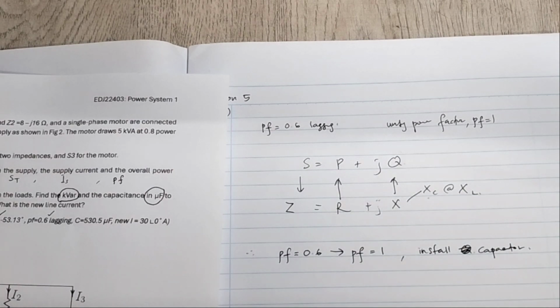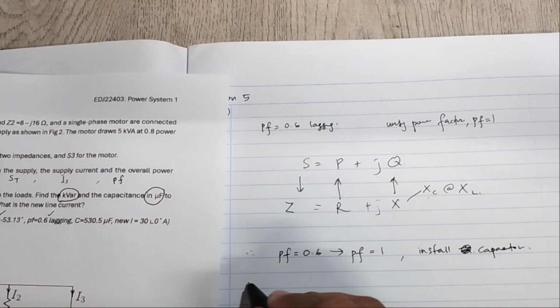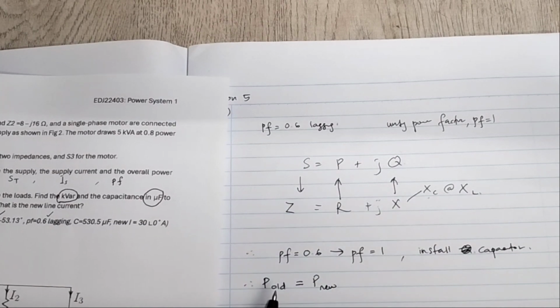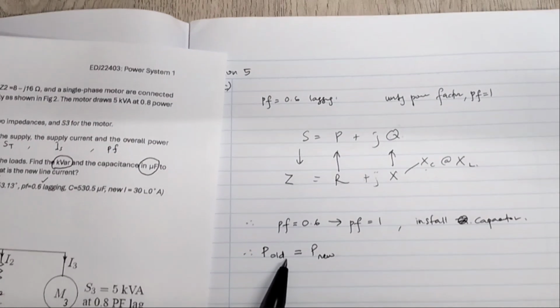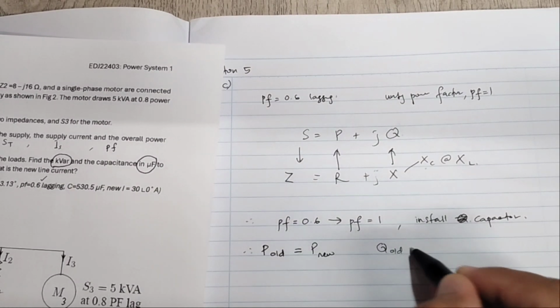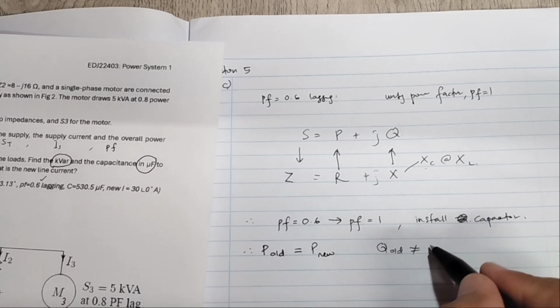Q akan berubah nilai. But okay, need to remember P old still same value with P new lah. Mana kata nilai P tak ada perubahan. Hanya nilai Q je. So Q old dia je ada perubahan bila kita dah install kapasitor.